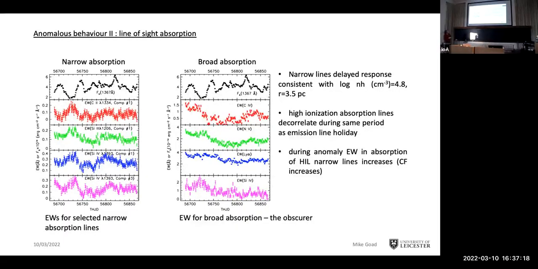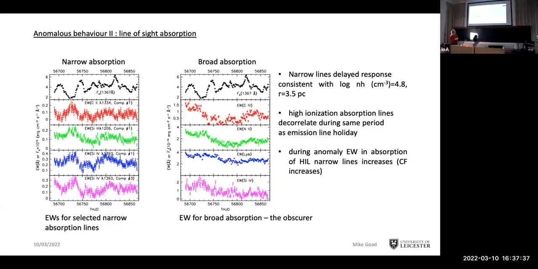And you can see both lines of low ionization and lines of high ionization. So carbon 2 is a low ionization line, silicon 4 is a high ionization line. Here listed both component 1 and component 3.